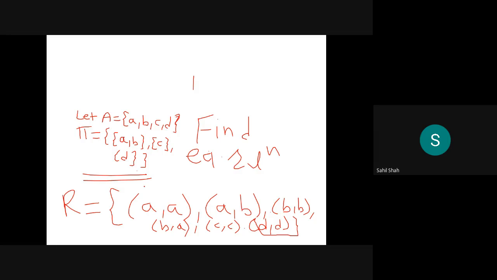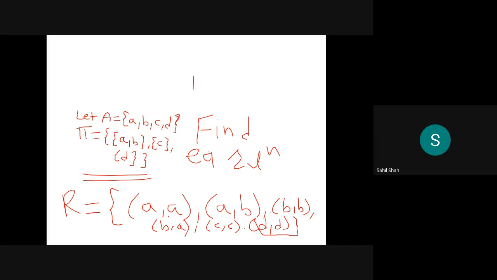A comma B, B comma A forms A comma A, which is present. And B comma B, B comma A results in B comma A, which is also present. Hence, this relation R is reflexive, symmetric, as well as transitive, and thus it is an equivalence relation.